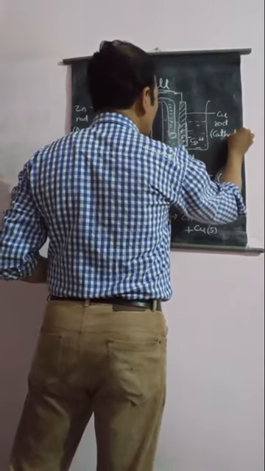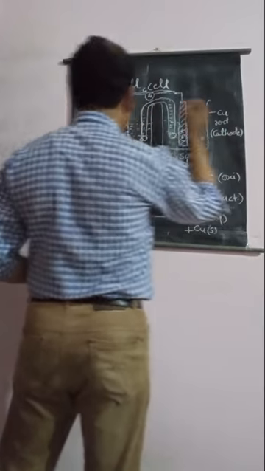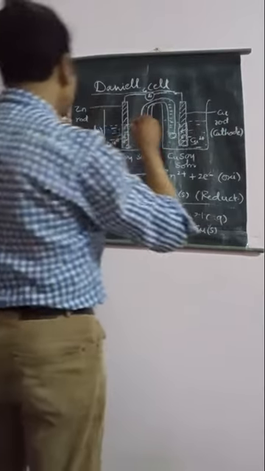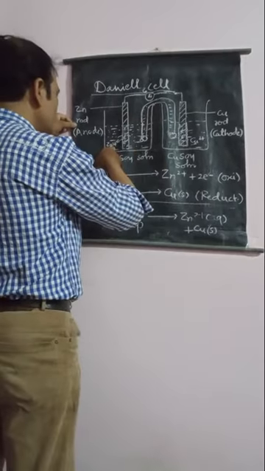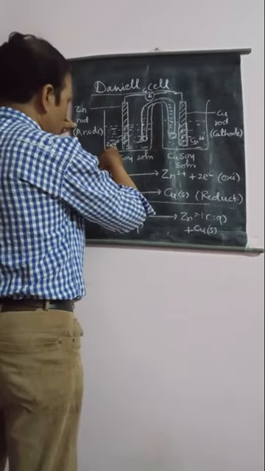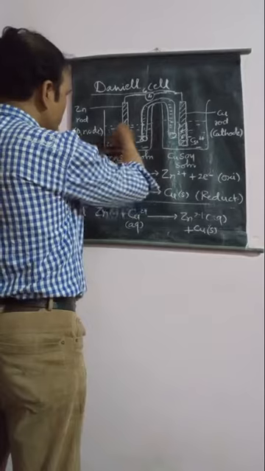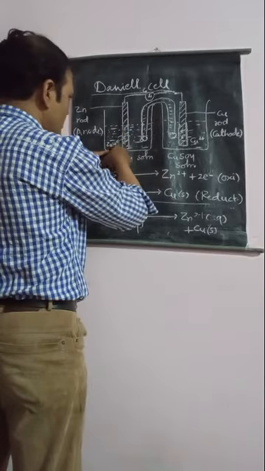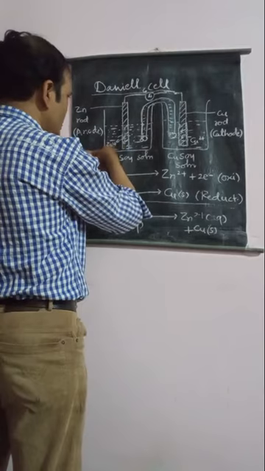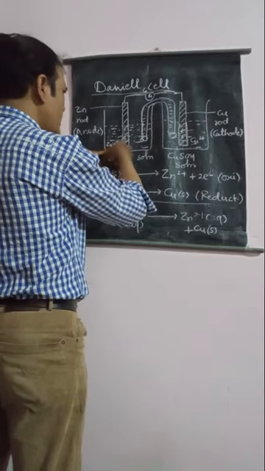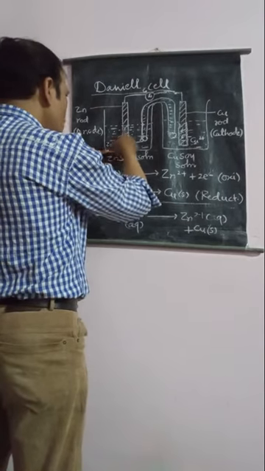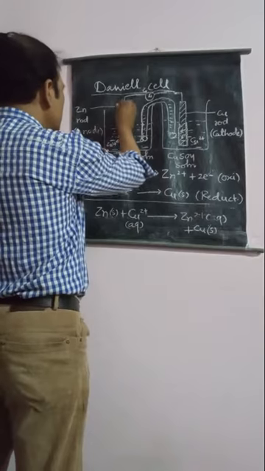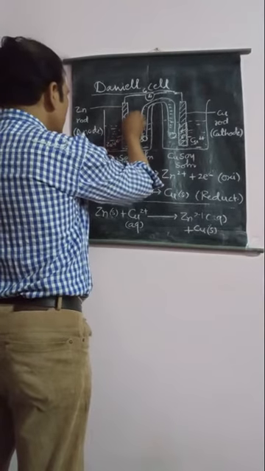Now what will be the sign on these electrodes? Since Zn2+ ions are being released from this rod, the electrons are being deposited. After the removal of Zn ions into the solution, electrons are left on the rod. Due to the deposition of the electrons here, this rod will be negatively charged.